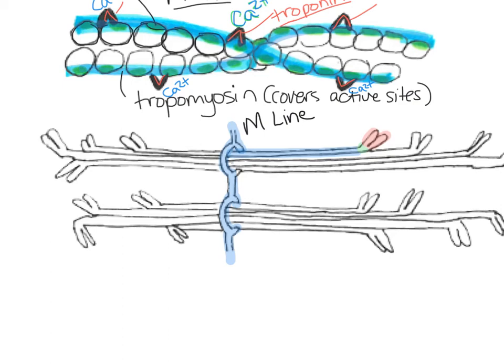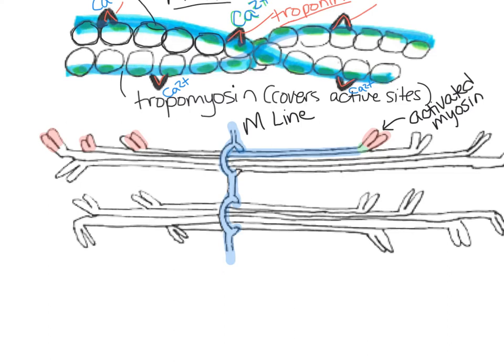So if the heads are facing away, like this one is facing away, then we say that the myosin molecule is activated. That's activated myosin because the heads are cocked away from the M line. So on the other side over here, the heads are also cocked away from the M line. So those are also activated, right?